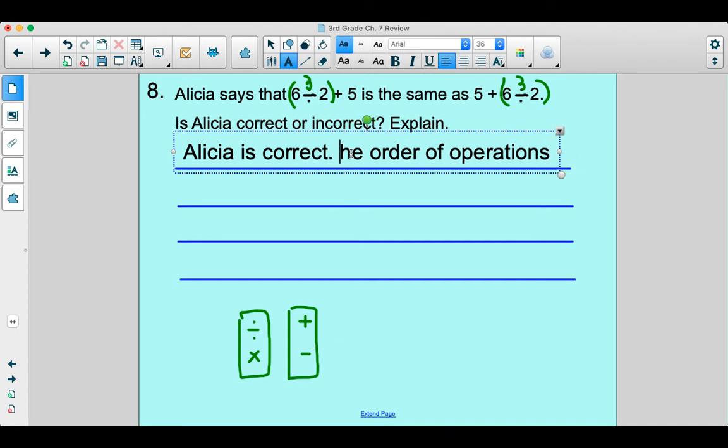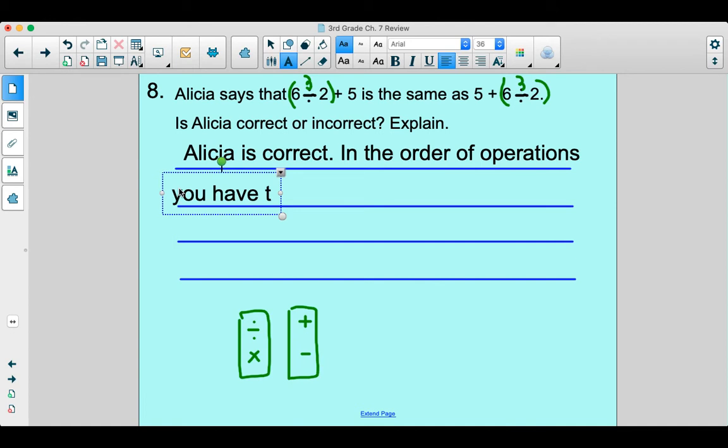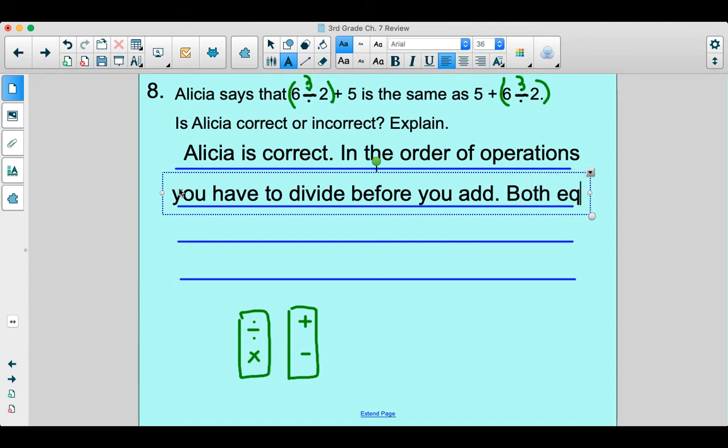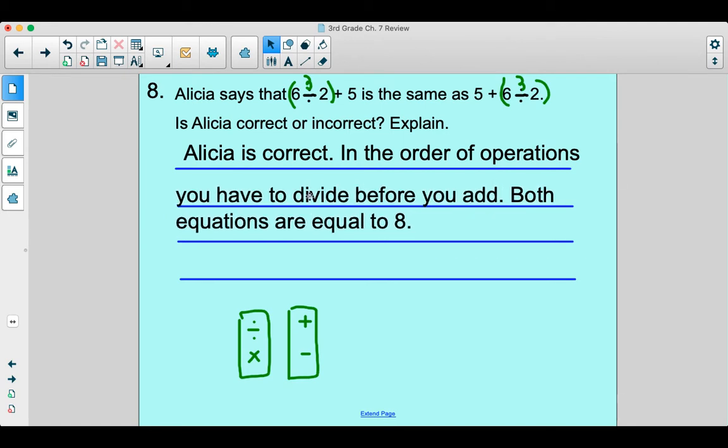Actually, I think I want to say in the order of operations, you have to divide before you add. Both equations are equal to 8. We could say something like that. It doesn't have to be exactly what I just typed here. You can have your own written answer, but you should mention something about the order of operations. That is why Alicia is correct.